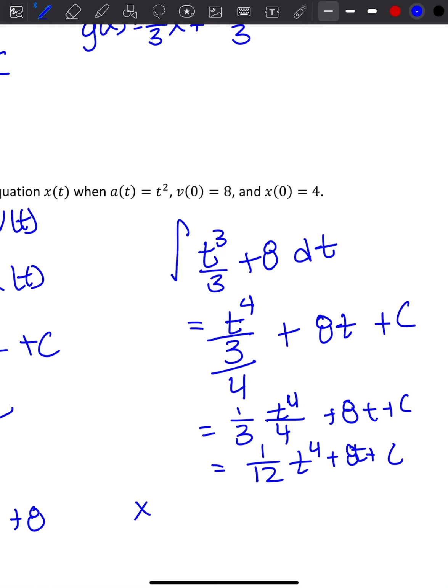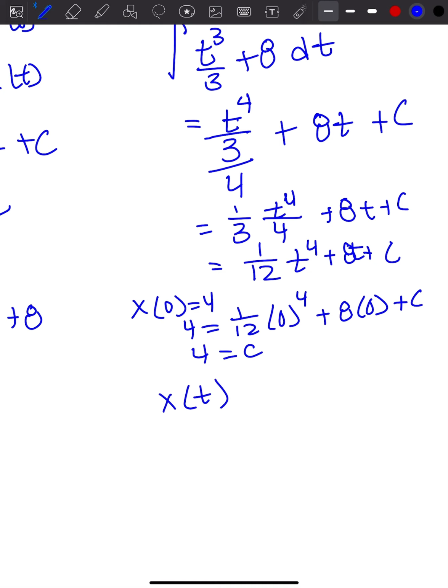Well, x of 0 is equal to 4, so 4 is equal to 1/12 times 0 to the 4th, plus 8 times 0, plus c. So c is 4, and this is our final answer.